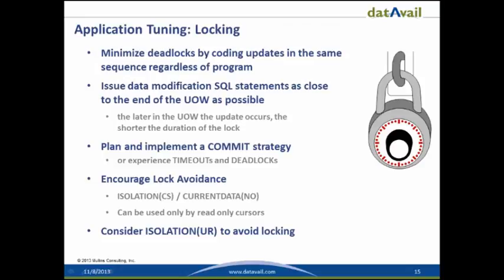We can encourage lock avoidance with isolation cursor stability, current data no, and then our read-only cursors will avoid locking, improving concurrency. And in certain circumstances, we can use an uncommitted read isolation, otherwise known as dirty read, to avoid locking. However, you don't want to do that if you absolutely want to guarantee 100% valid, accurate results, because with dirty reads, you're reading data that hasn't been committed and may never find its way to the database.